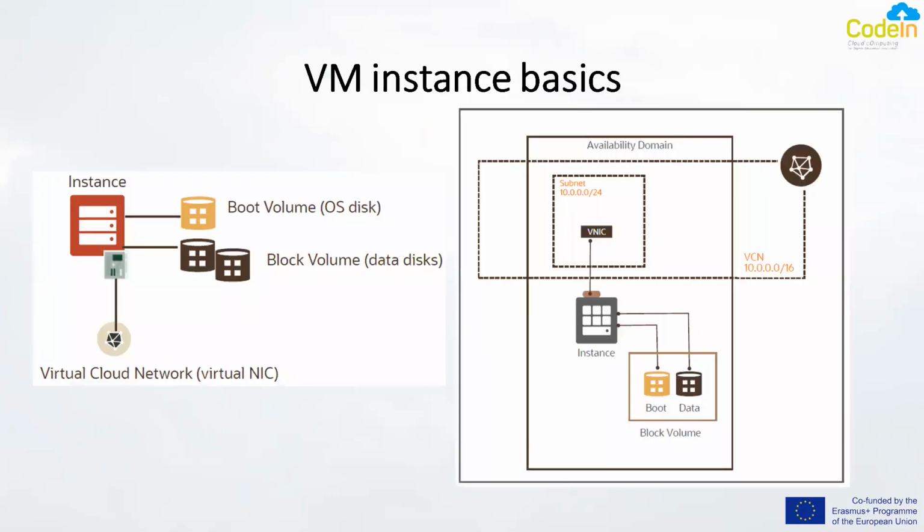When we say an instance, what we mean is a compute host, and it has several dependencies. The compute host's first dependency is on a virtual cloud network. The compute instances have another set of dependencies: the boot volume, the boot disk, and the block volumes. What do these mean?